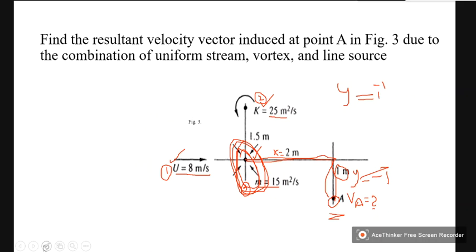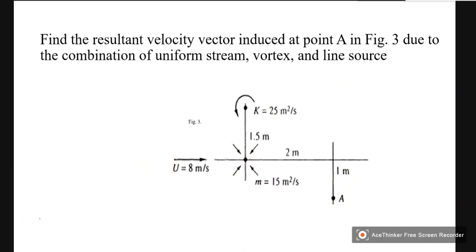Follow? Is it clear or not? Who said 1.5? Sagar, roll number 15, sir. So is it 1.5 or minus 1? Minus 1, sir. So x is equal to 2 and y is equal to minus 1. And m is equal to 15.